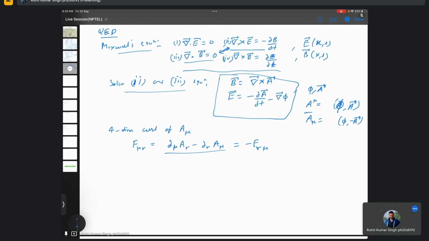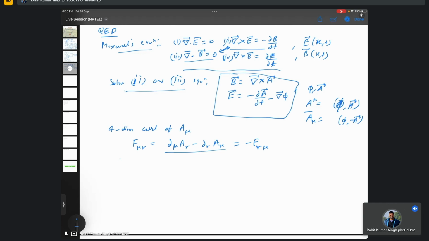Now let's take mu equal to 0 and nu equal to i, where i means 1, 2, 3. Just keep that in mind. So what do we get for F 0i? Can anyone guess?